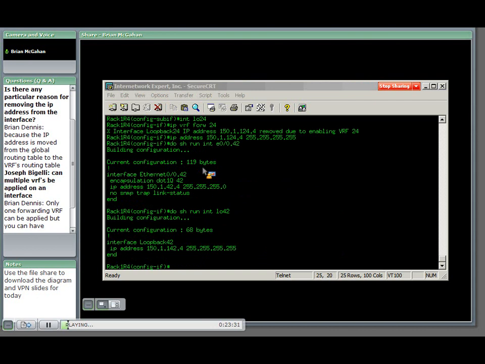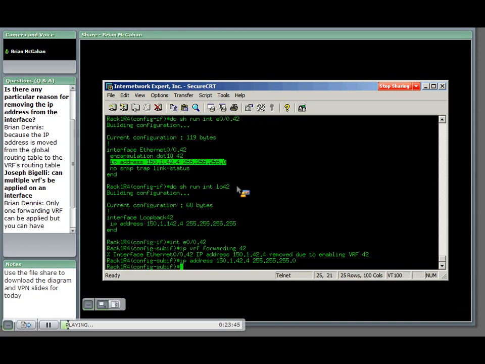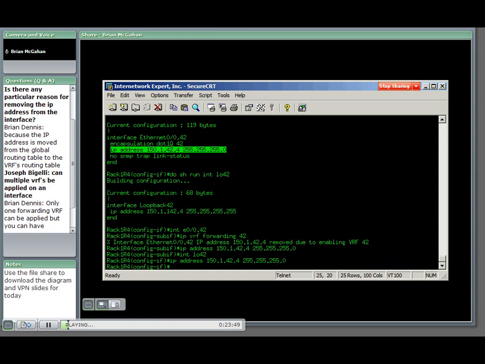And loopback 42. And we'll say on Ethernet 0/0.42, ip vrf forwarding 42. And the same on the loopback.